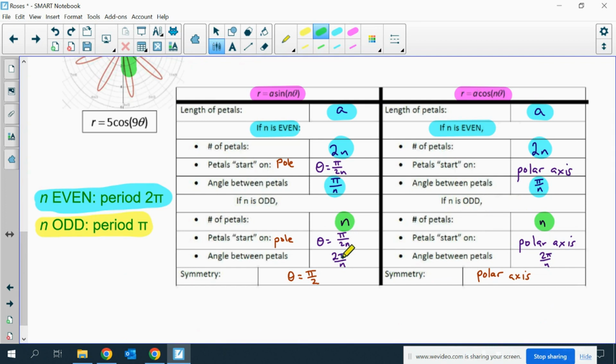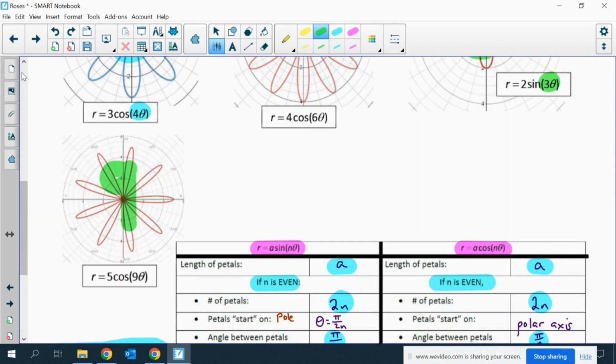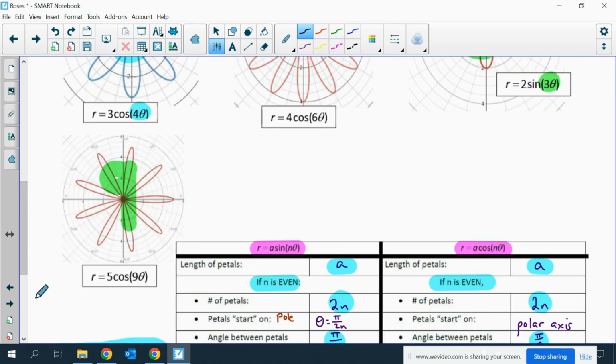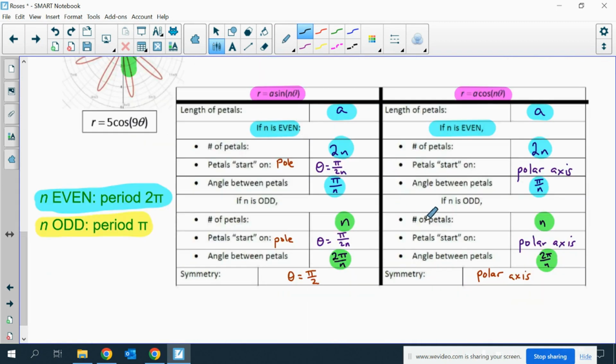And then the angle between the petals was 2 pi over n. So if I look at this case, and I have 3 equally spaced petals, that would be 120 degrees, which is 2 pi over n, 2 pi over 3. And so we see that showing up all the time.